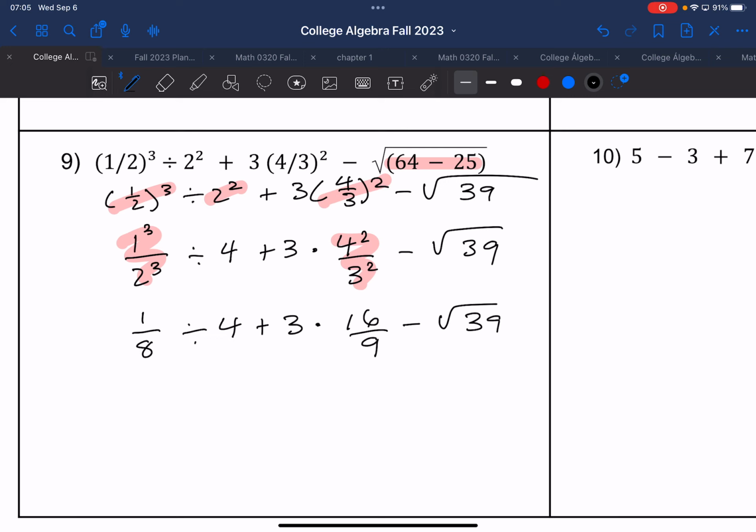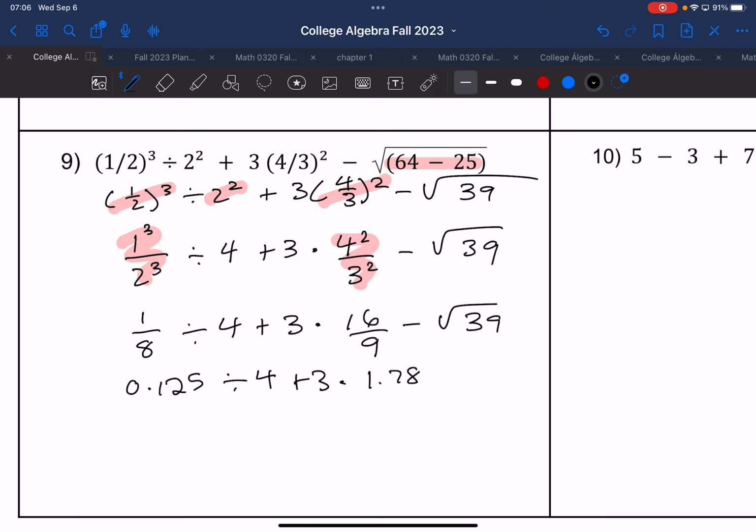Okay, from here, I'm just going to go ahead and turn these fractions into decimals. So 1/8 is 0.125 divided by 4 plus 3 times 16 divided by 9 is 1.78. So this is the part in the problem where I'm talking about, this is where we're starting to round.